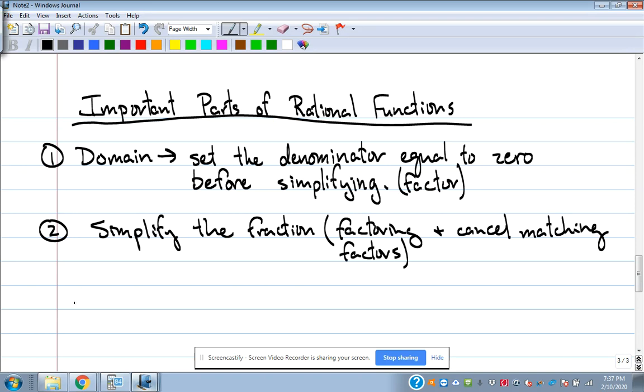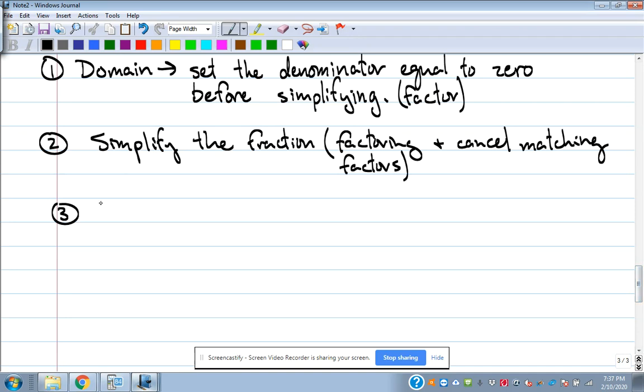After we've simplified, the next thing that we would look for are the vertical asymptotes.